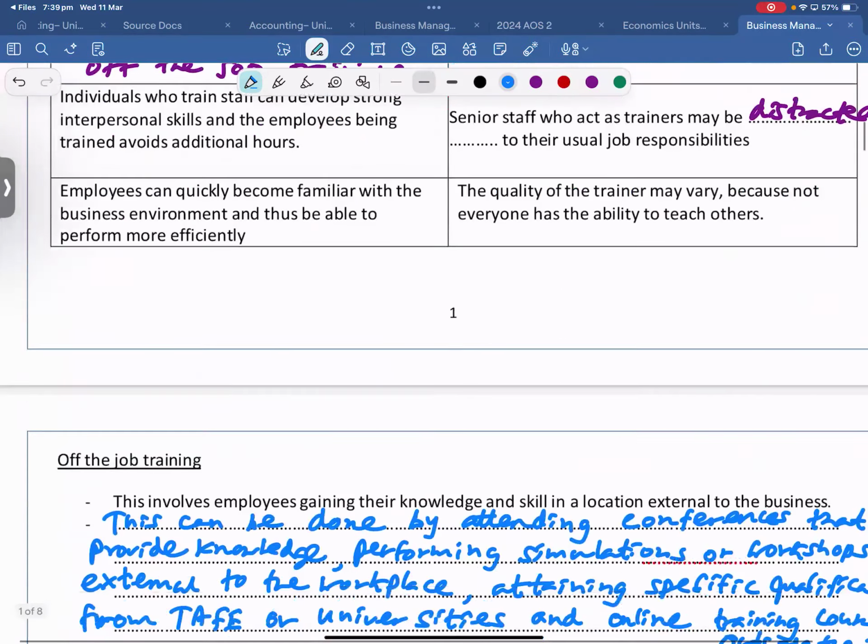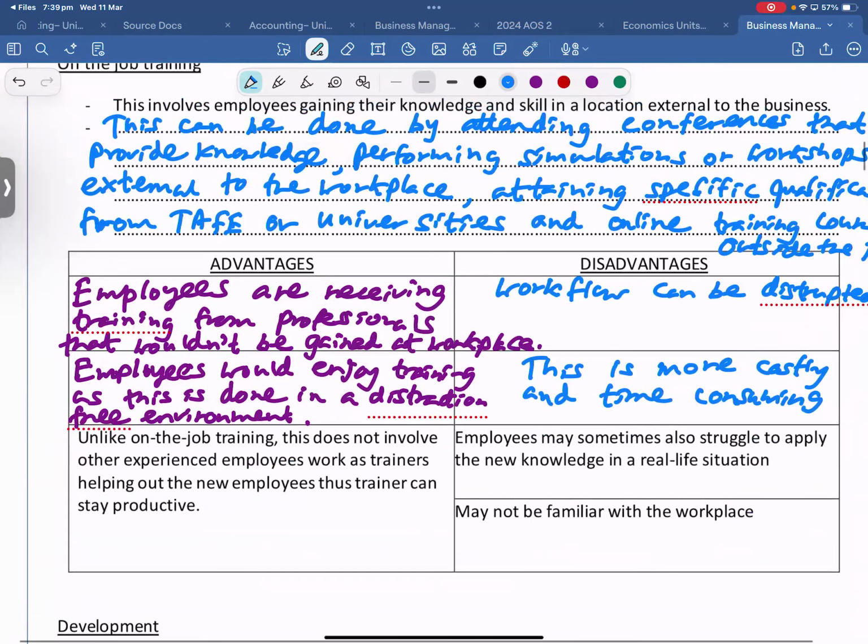Now look at the disadvantage of off the job. We are saying workflow can be disrupted. Why? Because when we are doing off the job, the employee is not there at the job, right? We have to replace that man. Otherwise, that function is lost, right? So workflow can be disrupted.